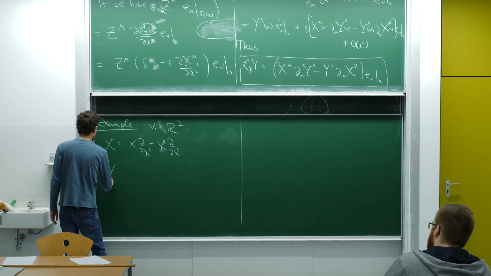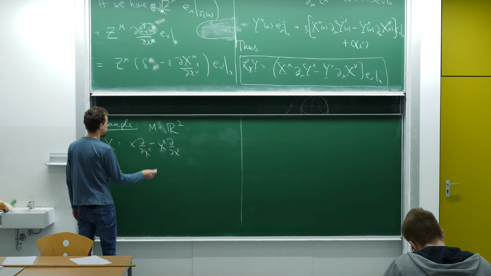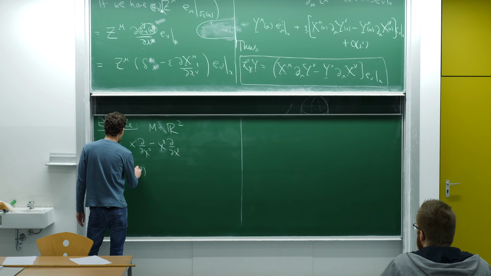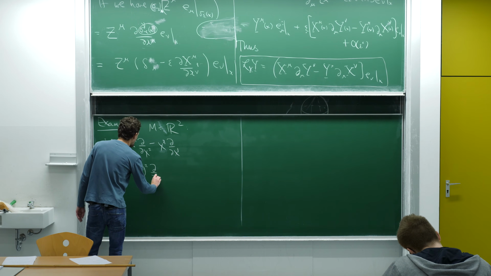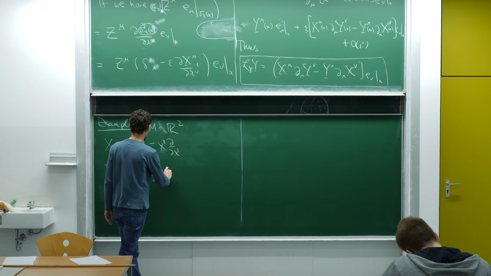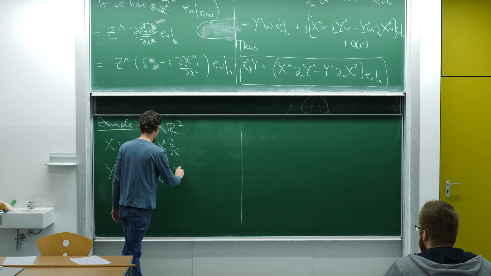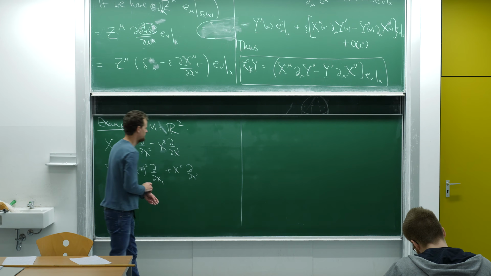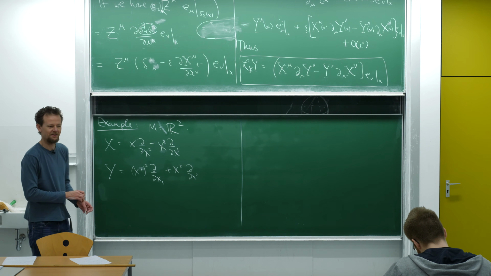And then for y, we need some other vector field. Let's choose (x1)^2 ∂_1 plus x2 ∂_2. Okay, see how bad this can go.